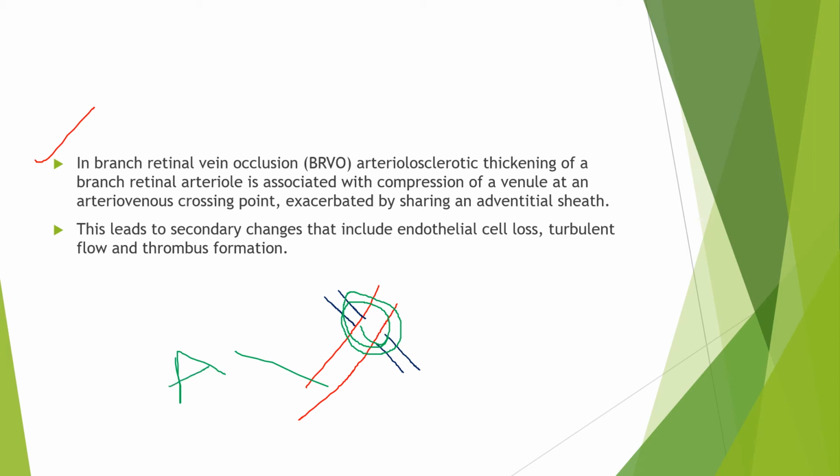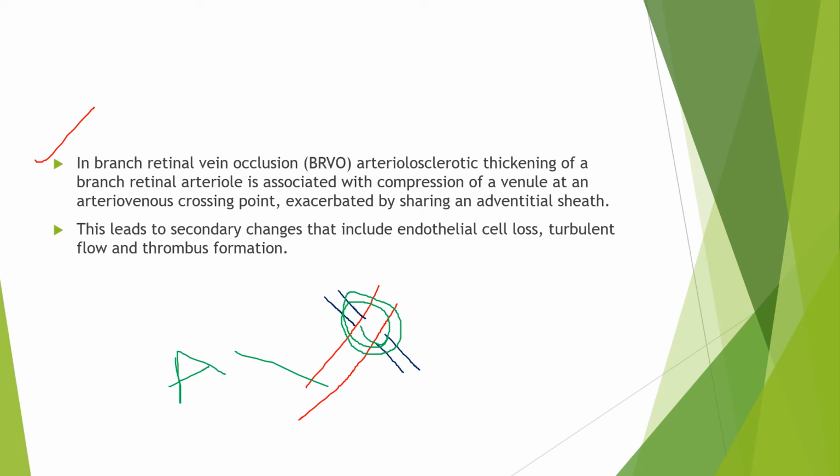So at the point of crossing there is a common adventitial sheath. There is a thickening of the branch retinal arteriole. This thickening occurs because of the arteriosclerotic changes, which are exacerbated because of hypertension. So this thickening compresses the venule, and this occurs mostly at the site of the arteriovenous crossing point.